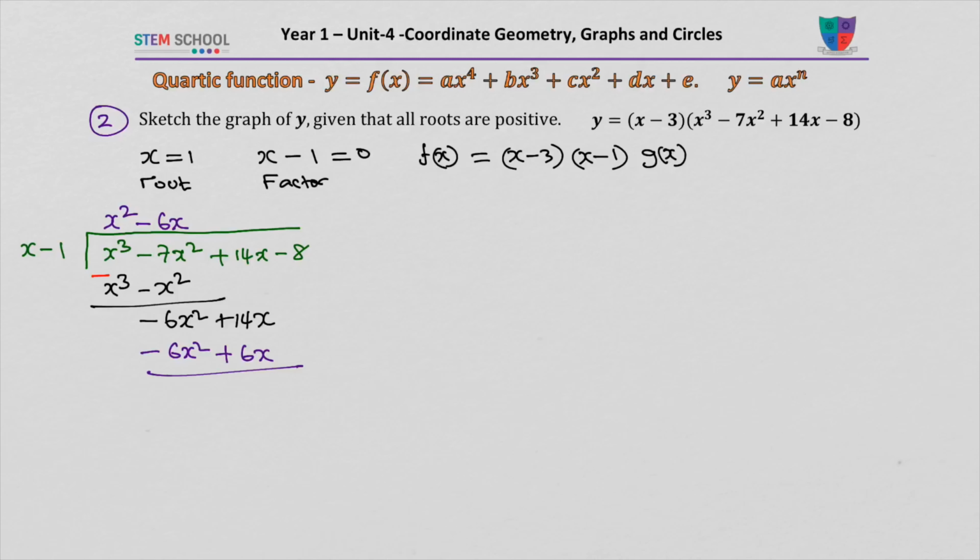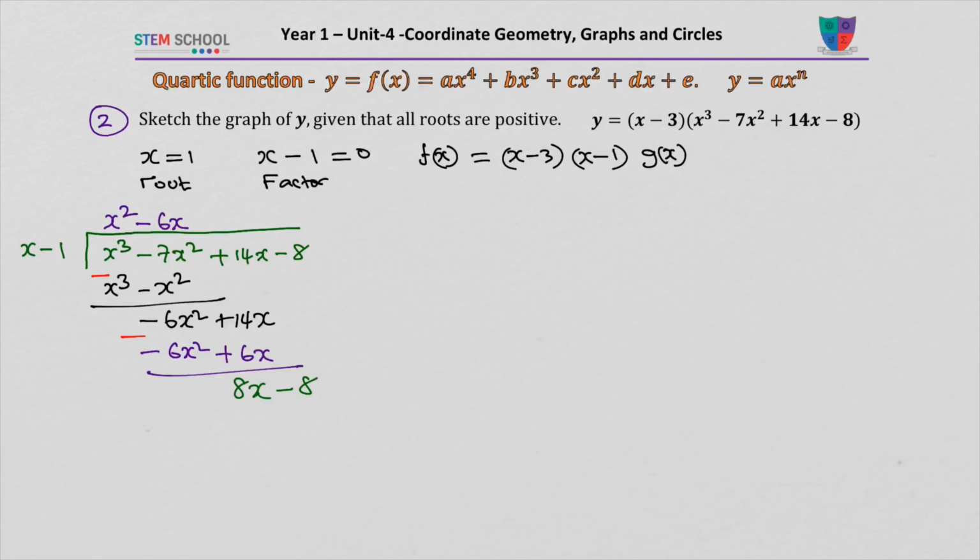And I need to take away again. Minus 6x squared minus minus 6x squared will become 0. 14x minus 6x will be plus 8x. I need to bring down minus 8.